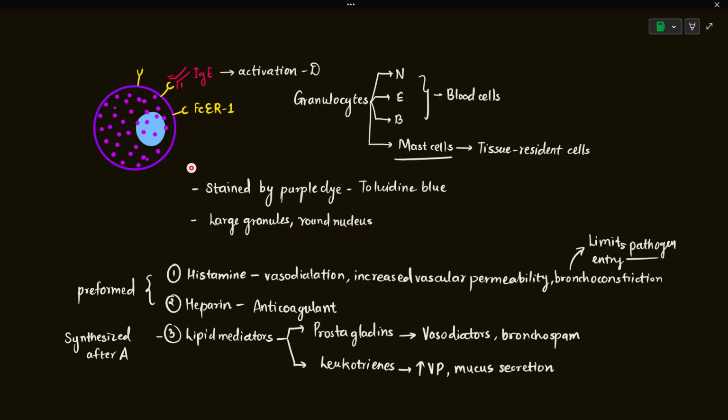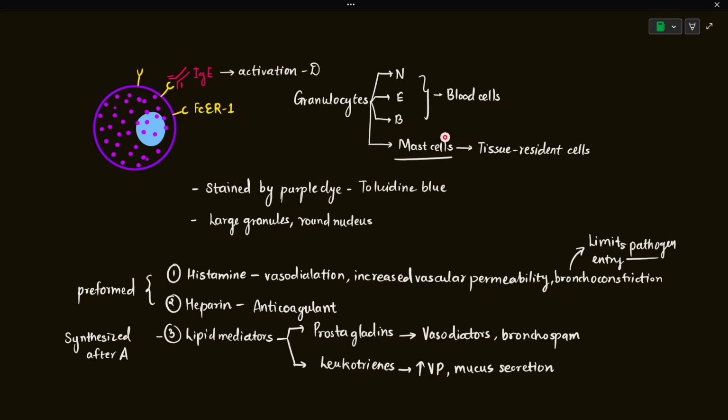The type 1 hypersensitivity reaction results in the activation of mast cells as well as basophils. It is the reaction where the IgE antibody mediates the whole reaction. The IgE antibody activates the receptors on the mast cells and basophils.